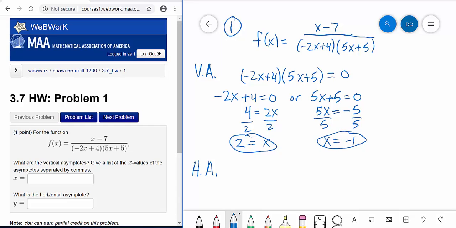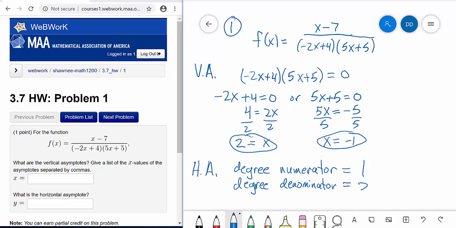The horizontal asymptote is the height where the function levels out to the left and to the right. To determine the horizontal asymptote, we look at the degrees of the polynomial in the numerator. The polynomial in the numerator has degree 1. The degree of the denominator is 2 because we have two factors of x.